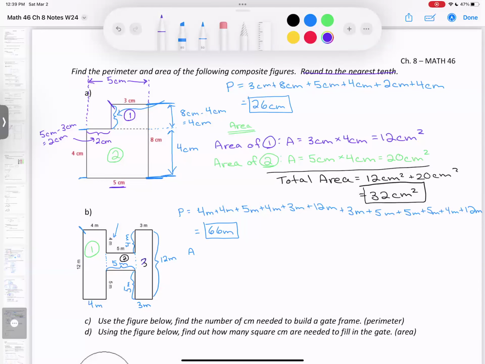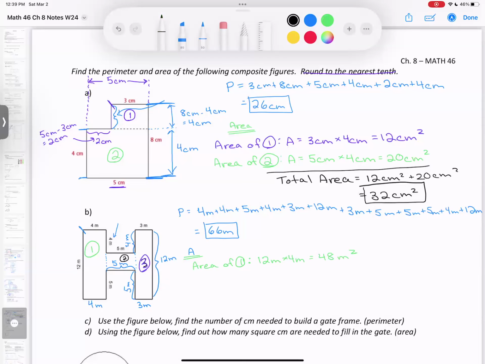And rectangle 3. Okay. So rectangle 1. So we'll do area of 1. That's going to be its length times width, which is 12 times 4. So that's going to give us 48 meters squared.